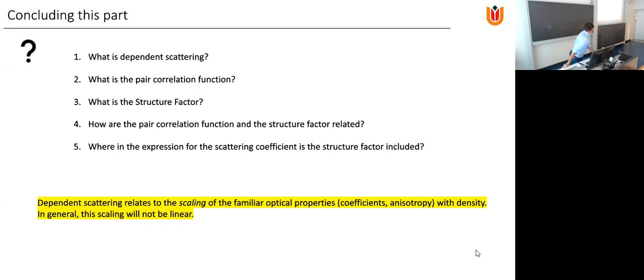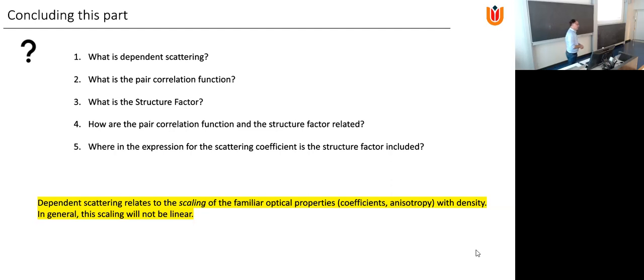So what is the takeaway from this part? The takeaway is that we have this effect of dependent scattering or cooperative scattering. It relates to the scaling of the optical properties, the coefficients, etc., with the density or with volume fraction. And in general, this scaling will not be linear.